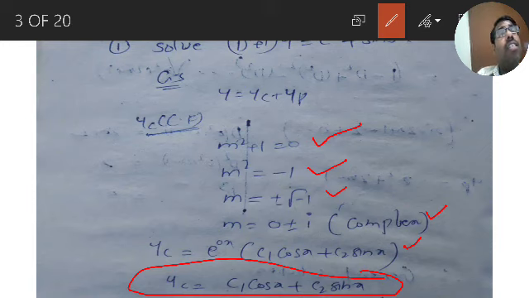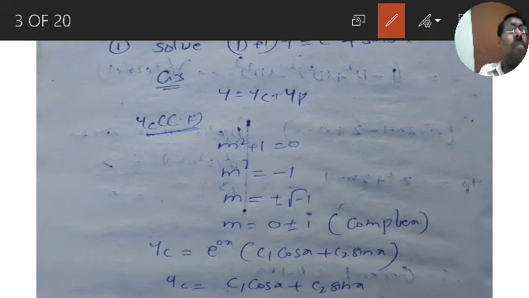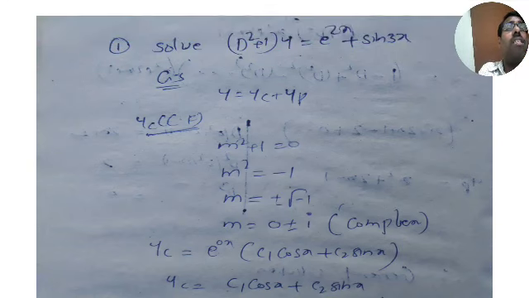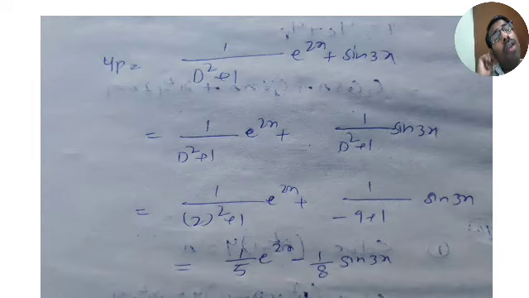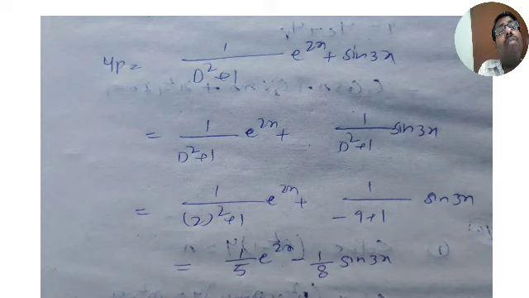Are you getting, guys? This is my yc. Now we have to find yp. We got yc from the very first class onwards, solving homogeneous equations, and now in every method of non-homogeneous equations we are getting yc. So now we are interested in finding yp. The particular integral is 1 by d square plus 1 of e power of 2x plus sine 3x.